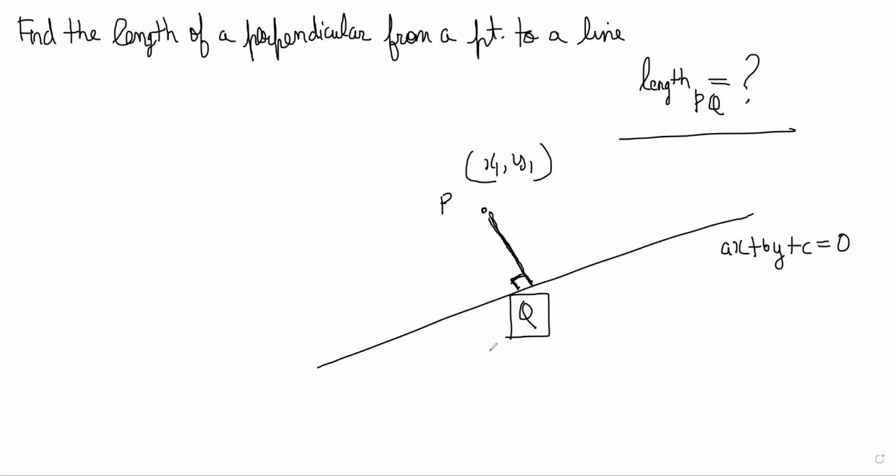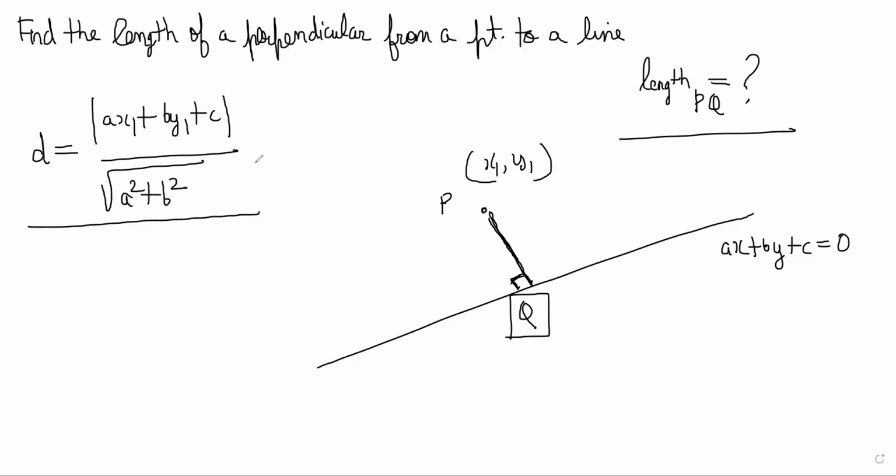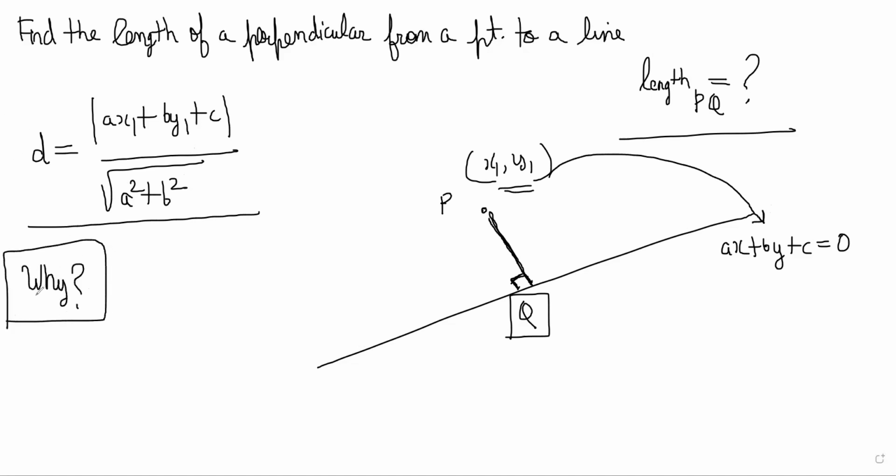It's the absolute value of A x1 plus B y1 plus C over the square root of A square plus B square. Yeah. So this is the distance of x1, y1 to this line. But what we will do is learn why. So why is it that? We'll have to prove this.